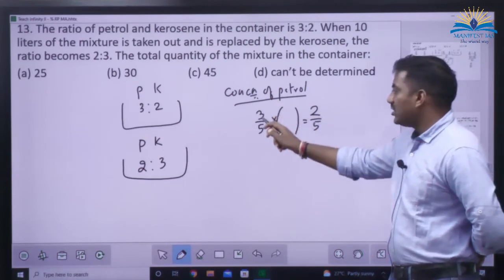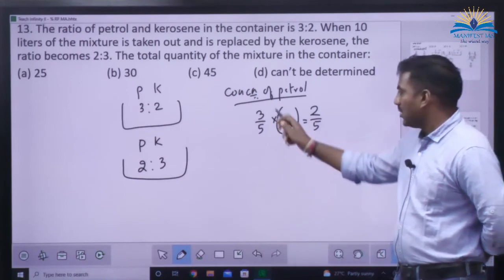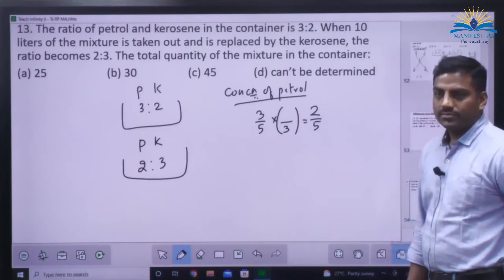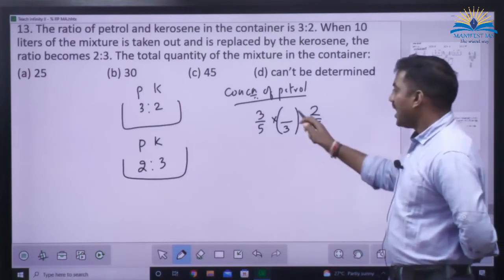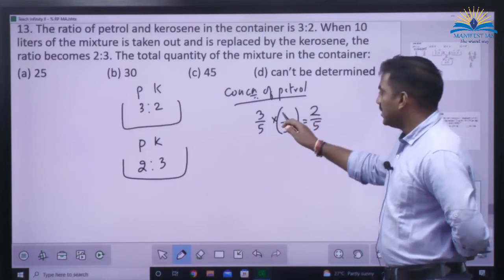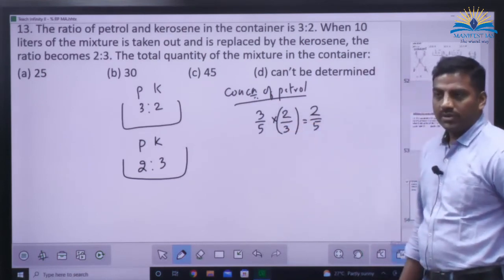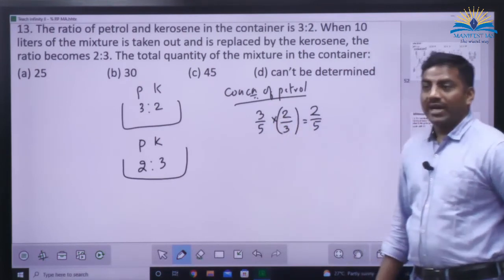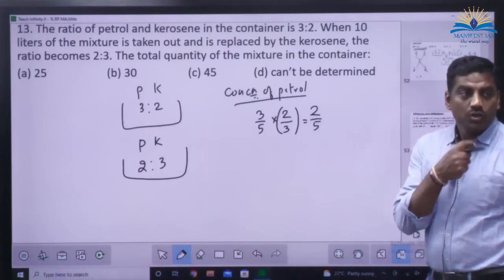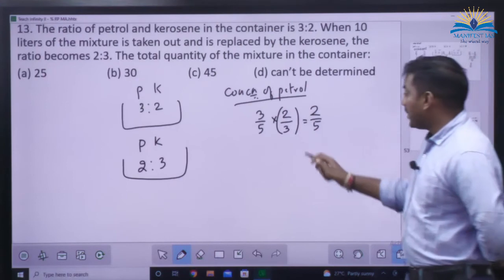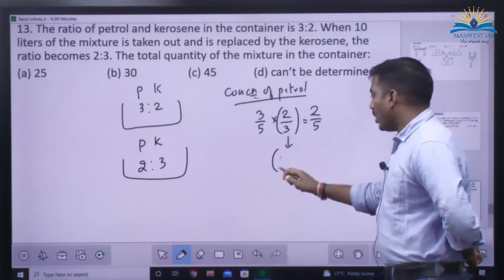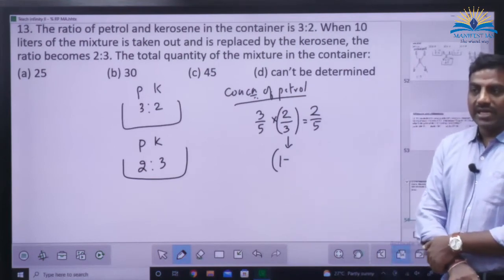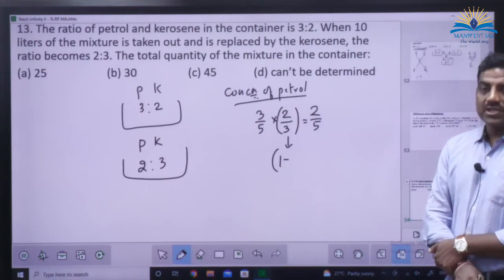I don't want 3, so how do I cancel it? Can I put 3 in the denominator? Then I want 2 here. The 3 gets cancelled. So if I put 2, can I get 2/5? So the concentration of petrol is being reduced to 2/3. Express this in terms of 1 minus something. 2/3 can be expressed as 1 minus something. How? 1 minus what is equal to 2/3?